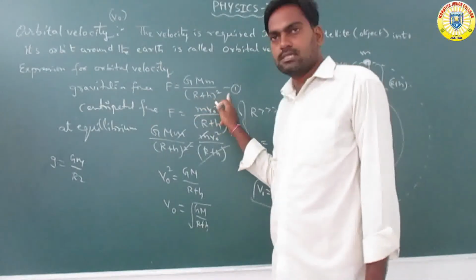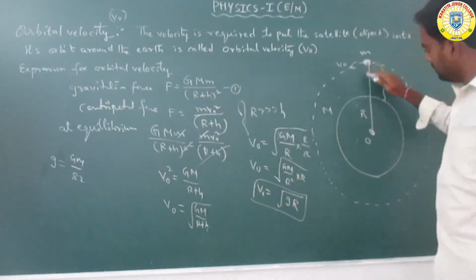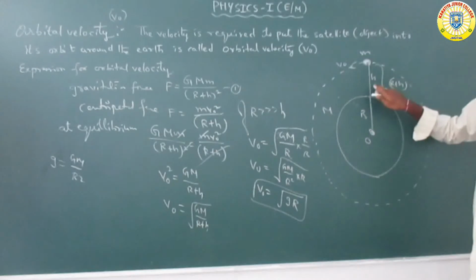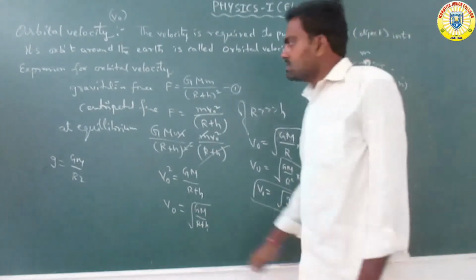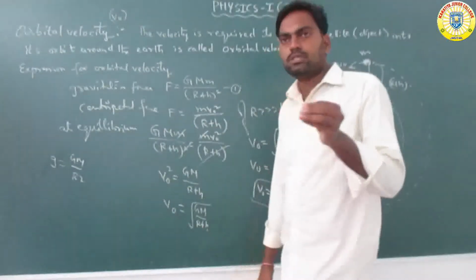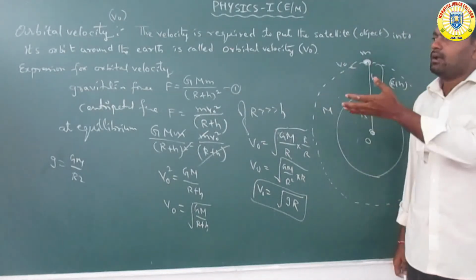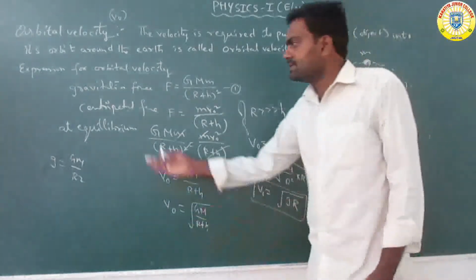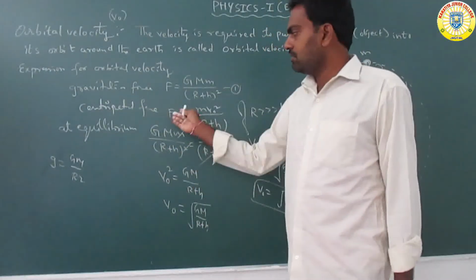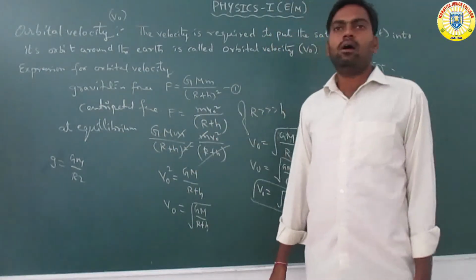This is the distance square, the total distance being R plus h. And the opposite force, since the satellite is put in the orbit, is the centrifugal force. The centrifugal force F is equal to m v naught square by (R plus h).